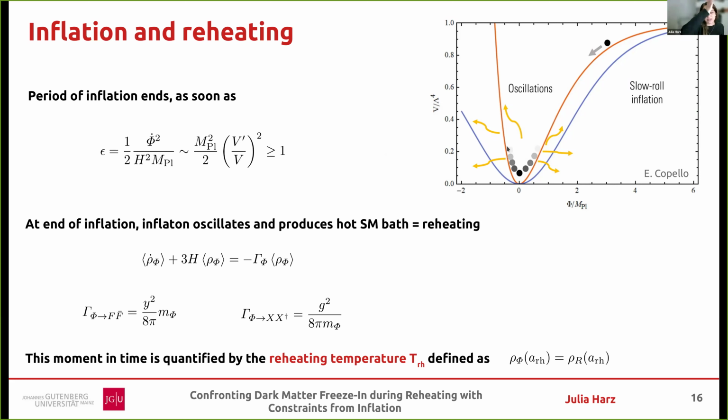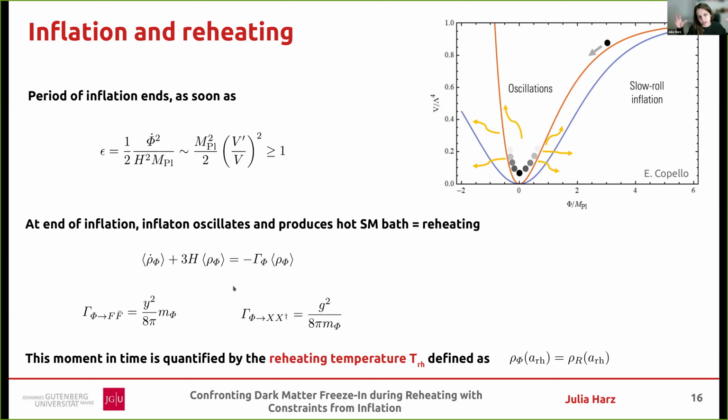As we still have some speed, the field oscillates and then starts to decay. Here it depends on our model what we assume for the inflaton and how it decays in the end to generate the standard model bath. We can have, for instance, fermionic or bosonic reheating.